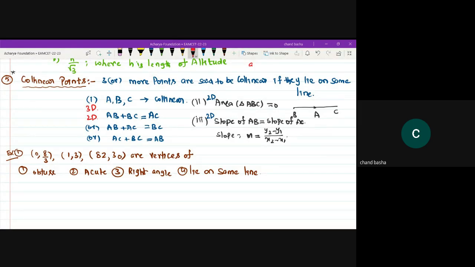They are the same, Abhinav, very good. Abhinav got 1/3 as their slope, so they lie on the same line. Instead of finding the distances AB, BC, and AC, we can do the collinearity concept first. If the fourth option is not correct, then we can go for the rest of the three.